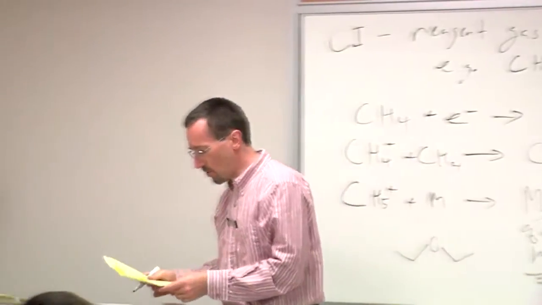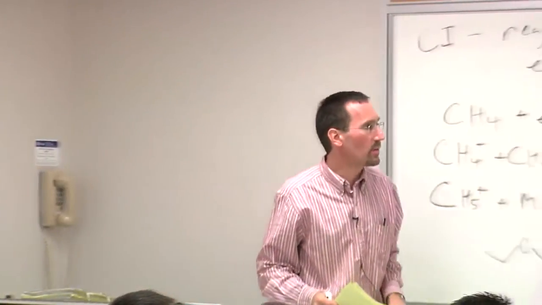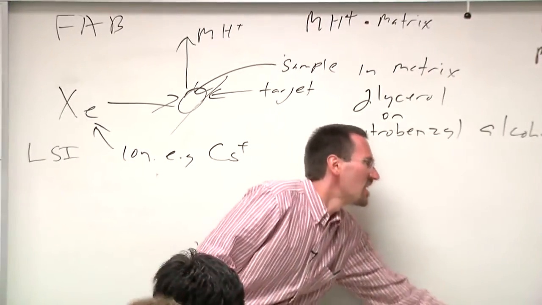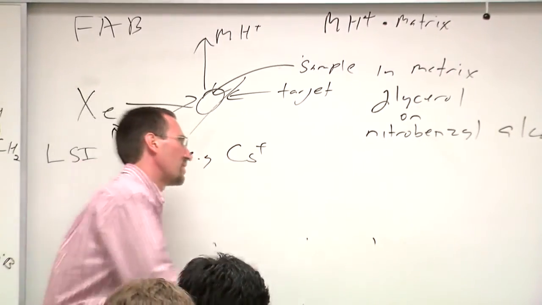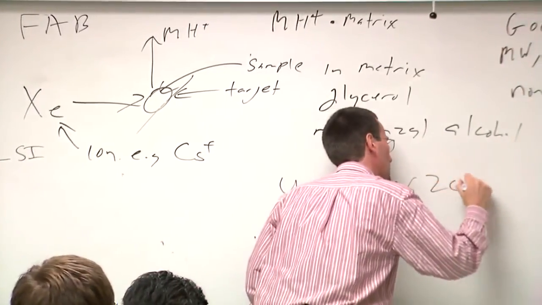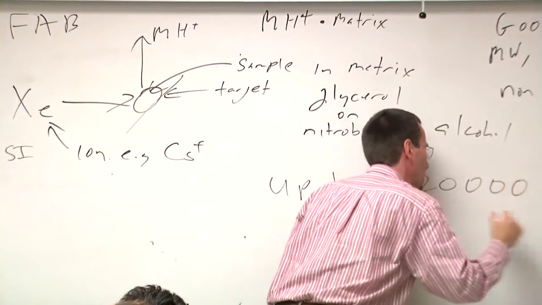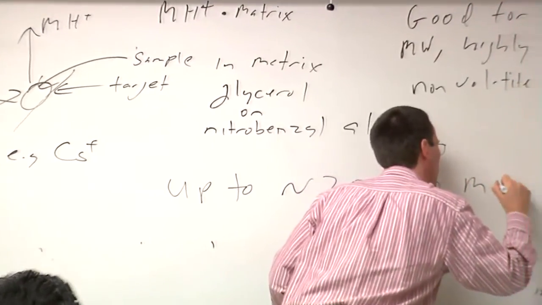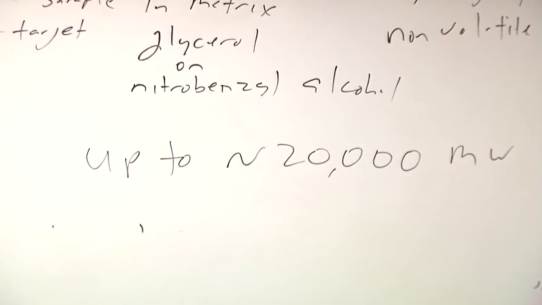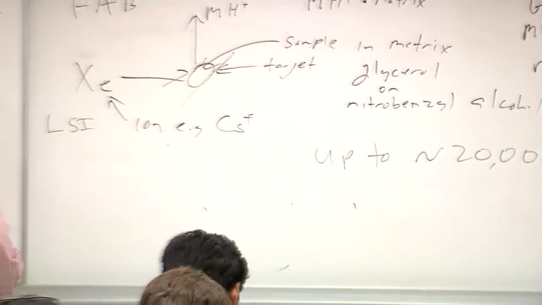You put a good hard whack in there, and you end up ionizing the molecule and getting it into the gas phase. I don't want to give hard numbers, but let's say up to about 20,000 molecular weight. So this really opened up a whole new realm of mass spectrometry, including biomolecular mass spec.